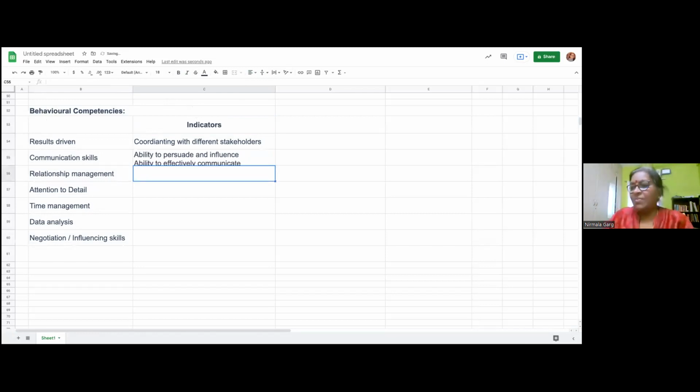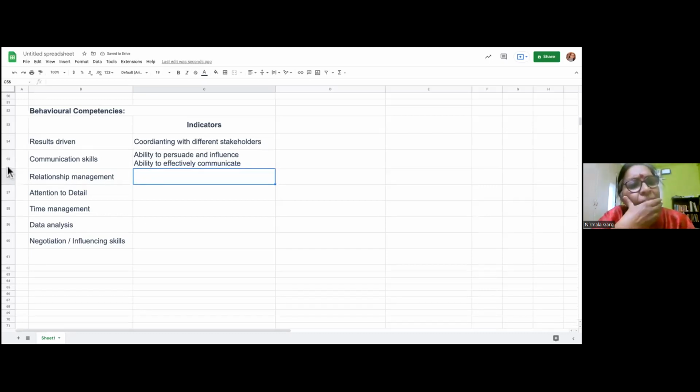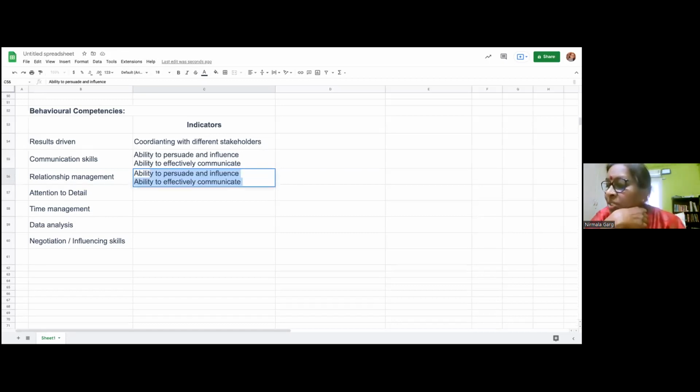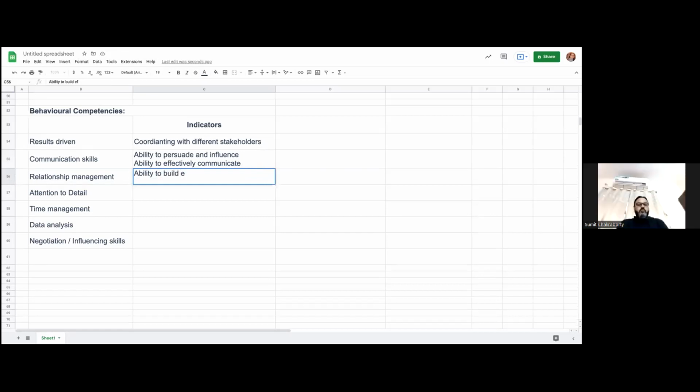What could be one of the behaviors? Ability to manage, or ability to influence, or ability to persuade and build consensus, gain cooperation, right? Correct. And for what? It could be to obtain information or to achieve goals. But we can see all this, right? So this is behavior.